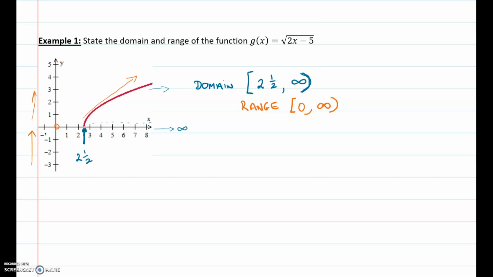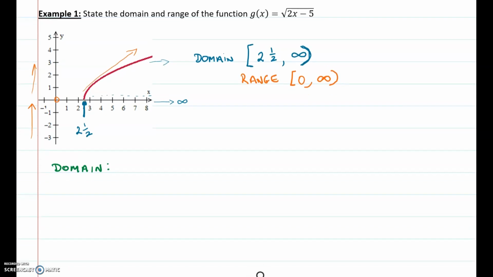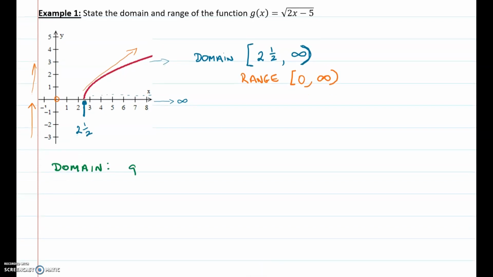Now let's look at an algebraic approach. For the domain algebraically, you say that the expression under the square root sign, in other words 2x minus 5, has to be greater than or equal to 0.